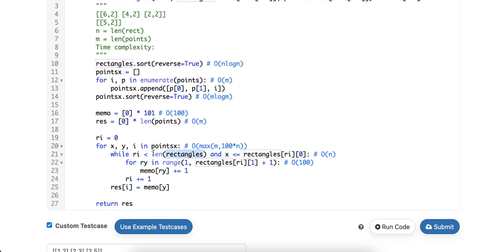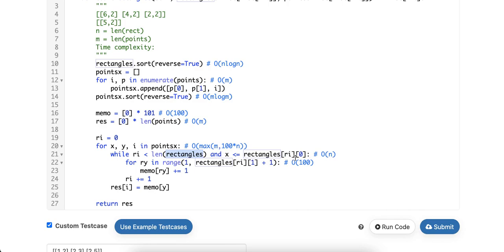Because for example, if there is only 1 point, but there are like 10 rectangles, it means that at worst case, it will go through 10 times 100 if the y exceeds 100. But if there are 1000 points and the rectangles is only 1, we know that for each point, it will only start going here if it fulfills this condition.